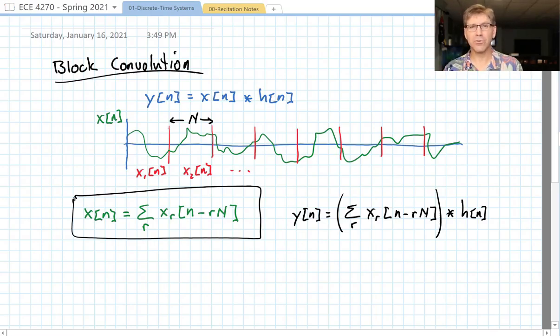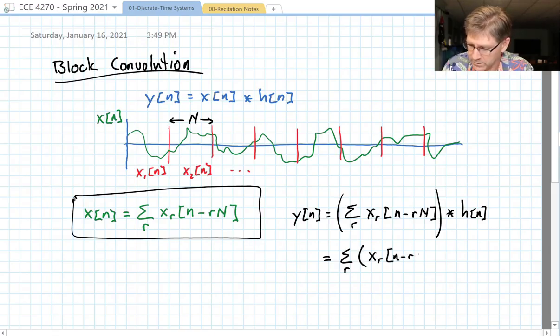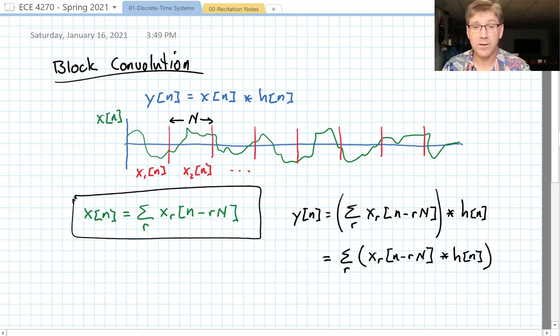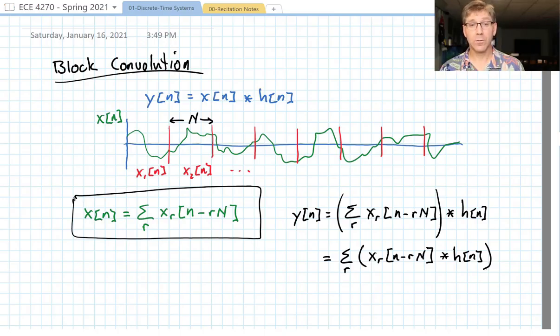We have distributive and associative properties, and so it becomes pretty straightforward to turn this into a sum over r of x sub r of n minus rN convolved with h of n. So in other words, we just convolve each of those chunks one at a time. And when we're all done, we have to add them back together.